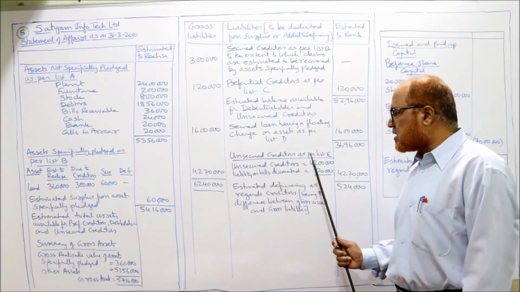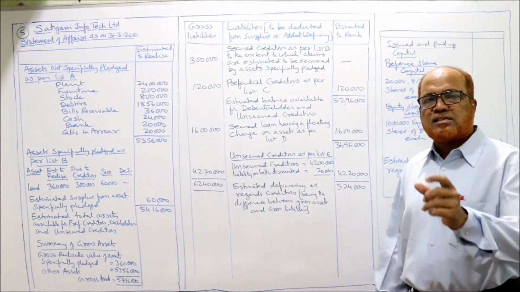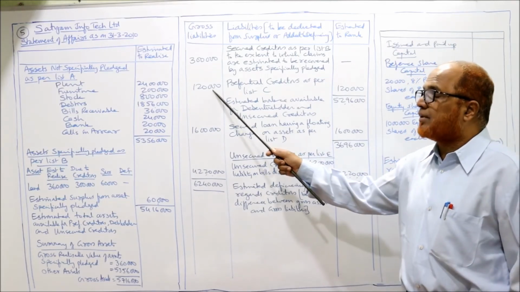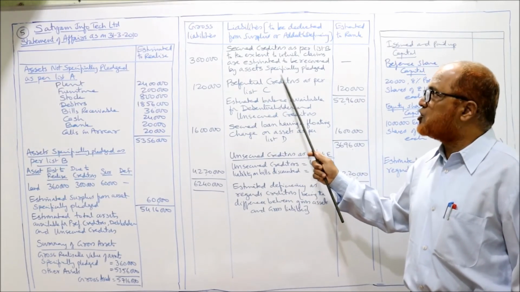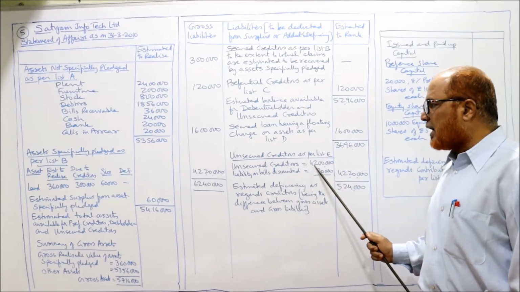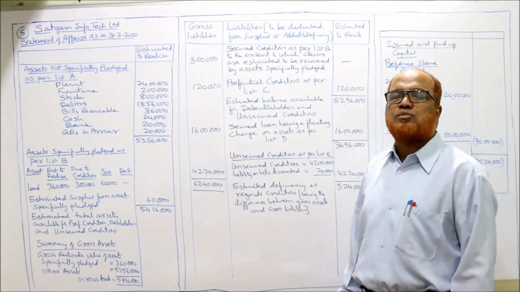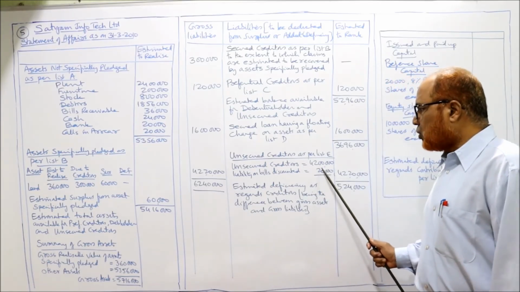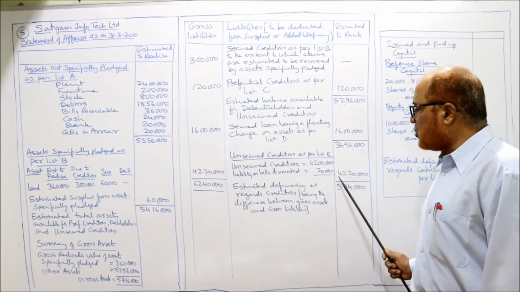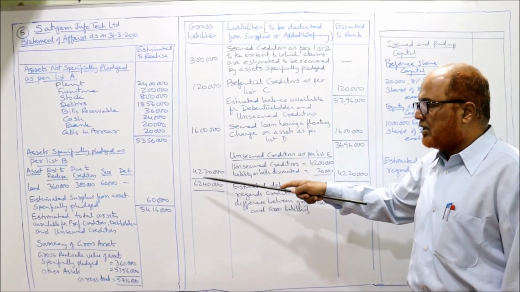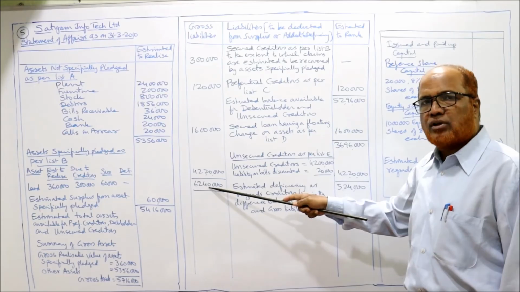So unsecured creditors are 42 lakh. 43 lakh 20,000 was given, out of which 1 lakh 20,000 we have separated and taken in preferential. So 42 lakh is the unsecured creditors, and liability on bills discounted given in adjustment is 20,000. So total 42 lakh 20,000 is the total estimated to rank. Now take the total of gross liability, it will become 62 lakh 40,000.